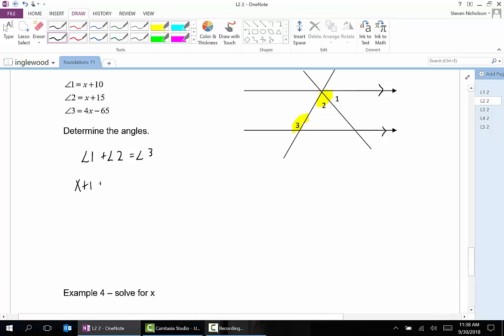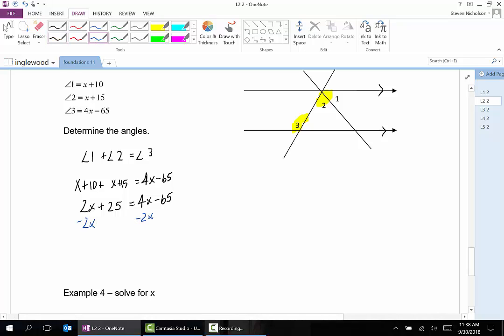So again, the first thing we're going to do is substitute. And then we're going to go ahead and do a little bit of equation solving. Remember, collect like terms. And we want x's on one side, numbers on the other.